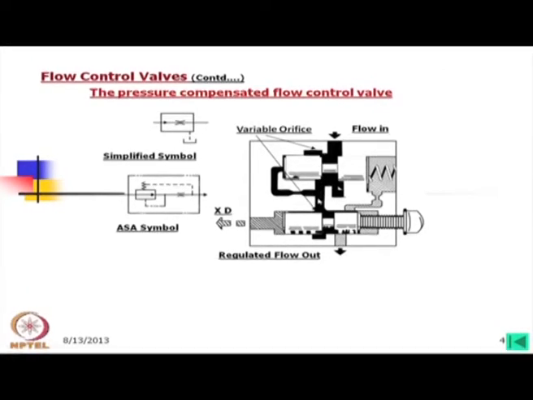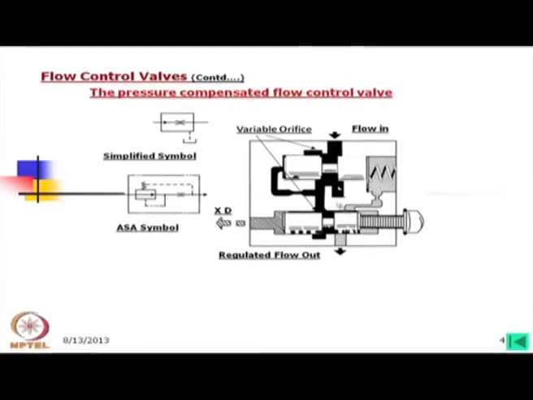While this flow is coming through, there is another spool arrangement. What we find is that through this spool, the oil can go to the other side of the main spool. Also there is another orifice, through which it can go to the left side of the main spool. Now, this spool can be adjusted.